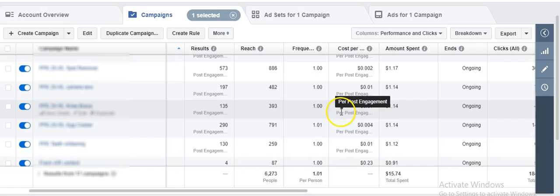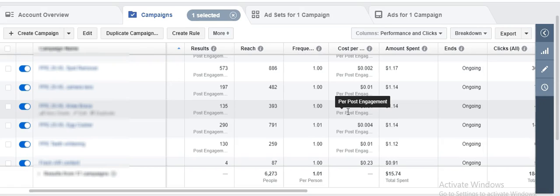So again, this is pretty much how I'm going through the data of Facebook when you run your ads. Like I said, definitely look at your performance and clicks. Look at your CTR for both the click all and your click through.